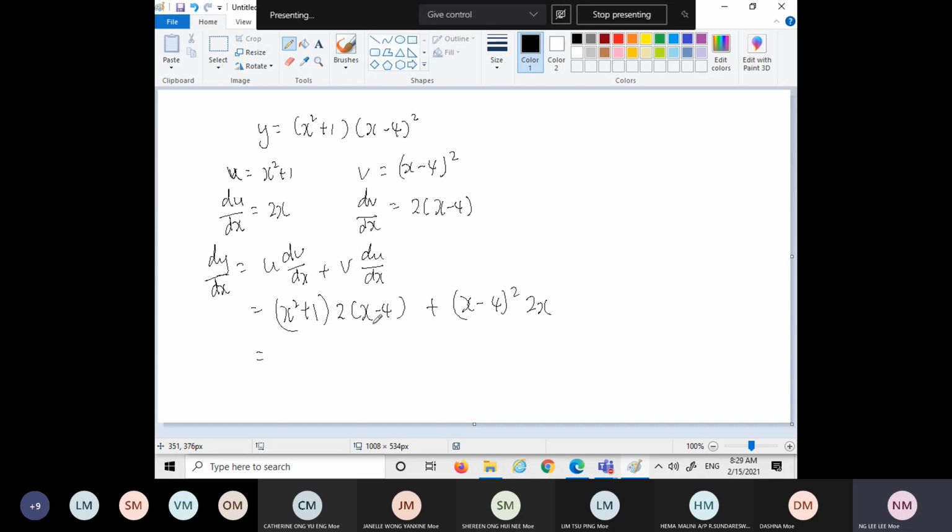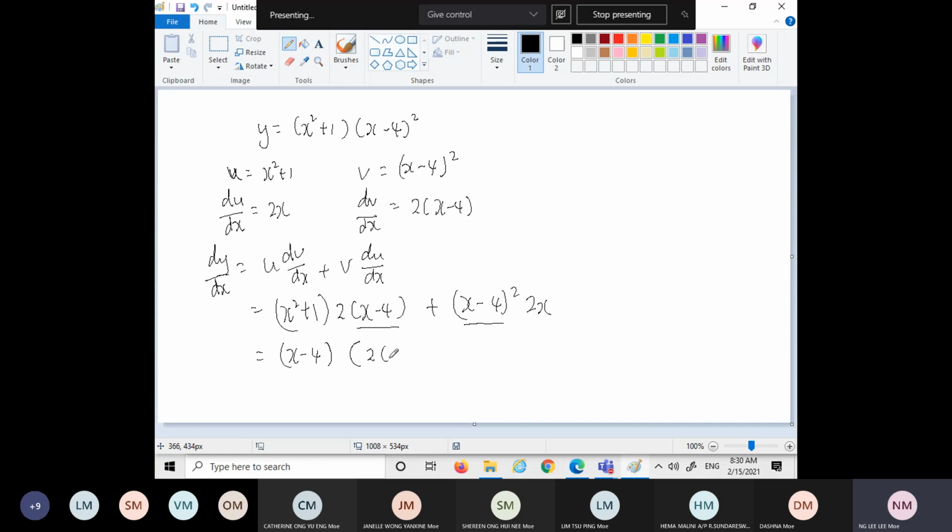Can you see I have the same factor here, x minus 4 and x minus 4, one of it, because here got 2. So I can take out the x minus 4, the same factor. For the first term, after I take out this, I still have 2 and x squared plus 1.